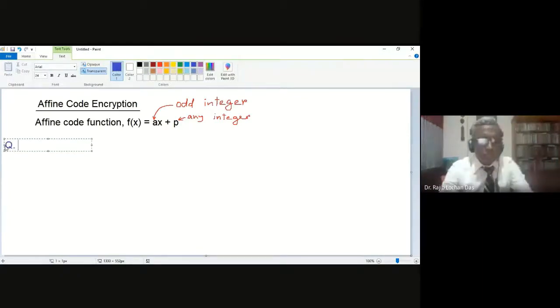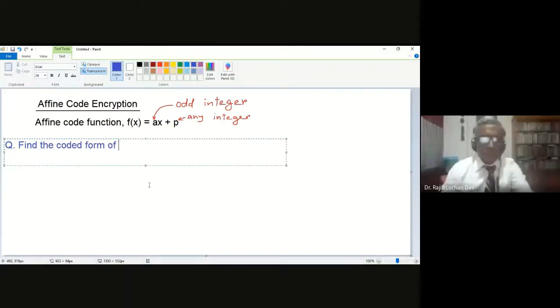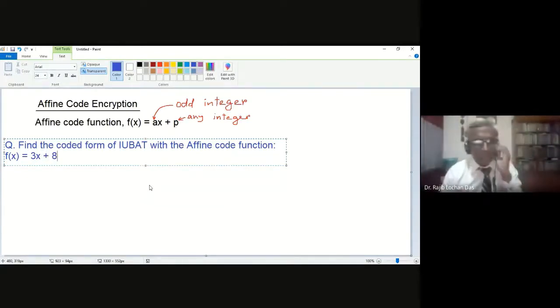Say there is a question, and in the question it is written, find the coded form of, say, IUBAT, one word, with the affine code function f(x) equal to 3x plus 8, say like that. So this is our function. We are just taking one example.